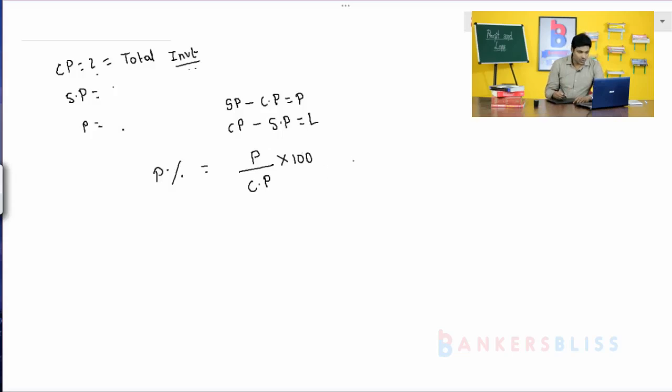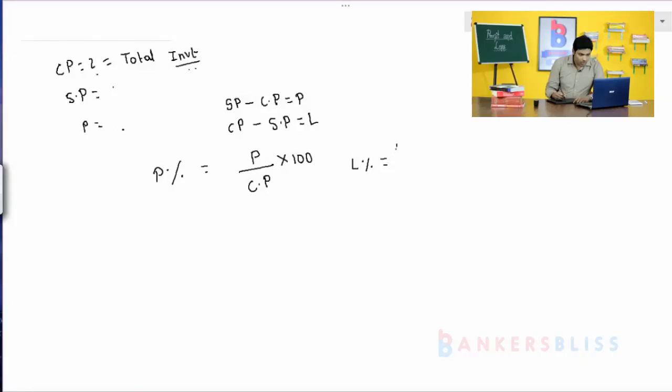Next, loss percentage. Again, I have invested rupees 100 and I am selling this stylus for rupees 80. In the transaction, I lost rupees 20. So now on what amount you have to calculate the loss percentage, whether on 80 or 100. Always remember, you have to calculate the loss percentage on the cost price.